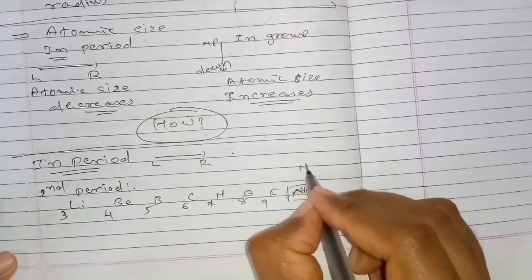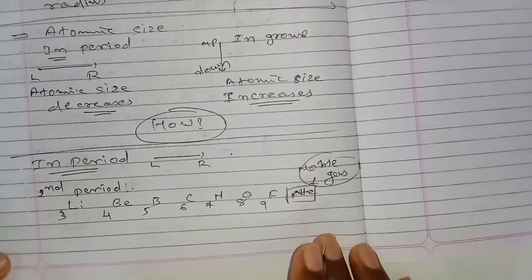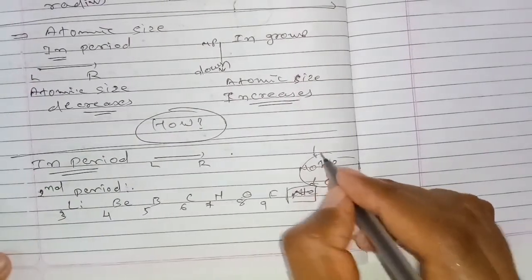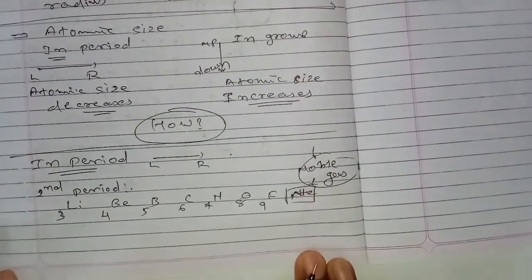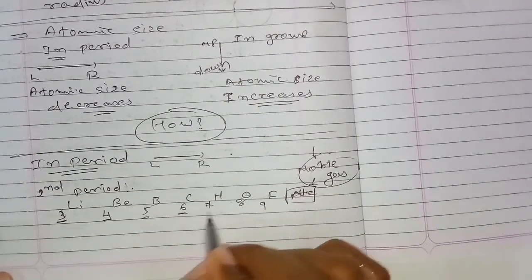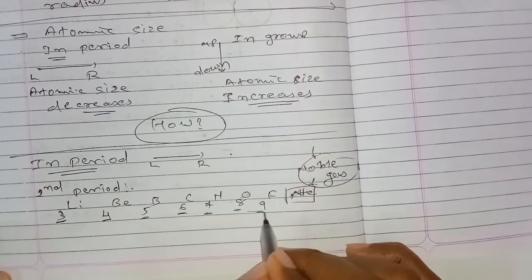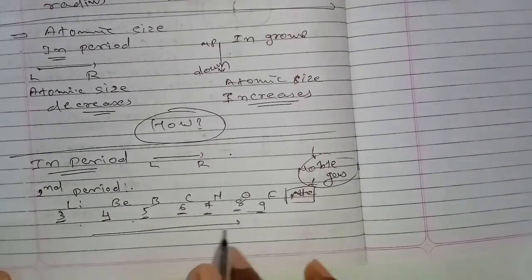Neon is a noble gas, and for noble gas it's van der Waals radius. So as we move from left to right, its atomic number gradually increases.